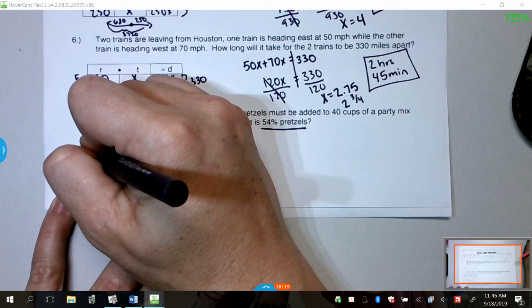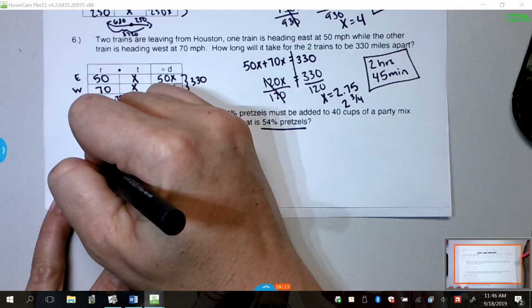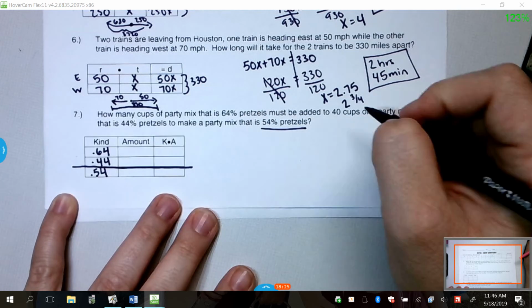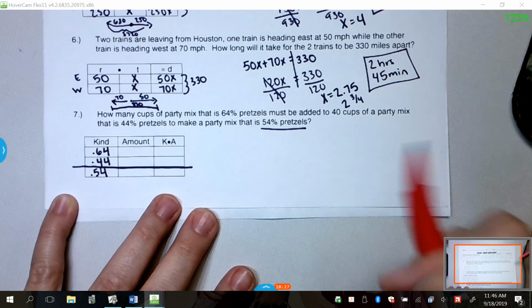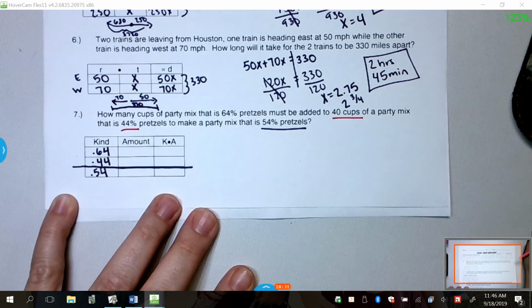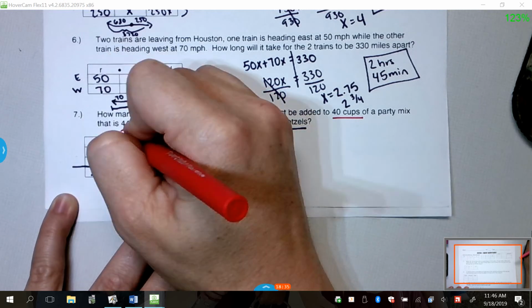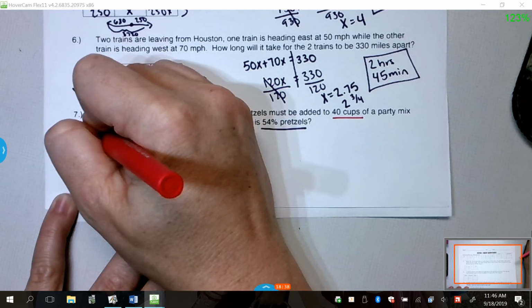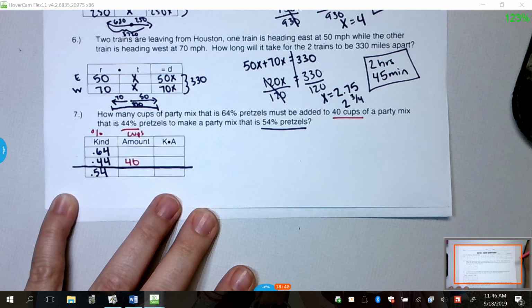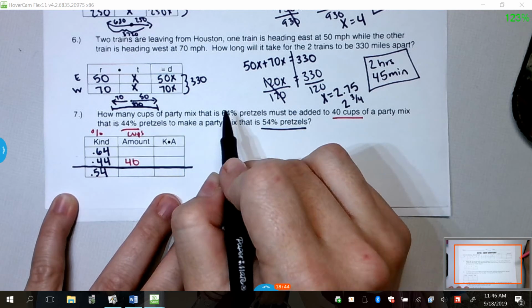So we have the 0.64 and we have the 0.44, and it even tells us we have 40 cups. So that's going to be 40 cups. Okay, so this is cups, this is percents. Okay, so it says how many cups of the 64%.